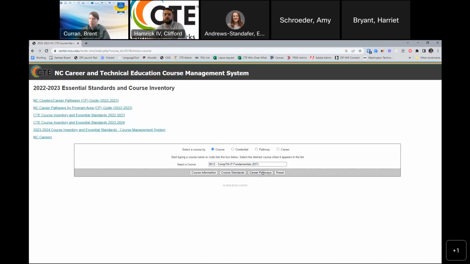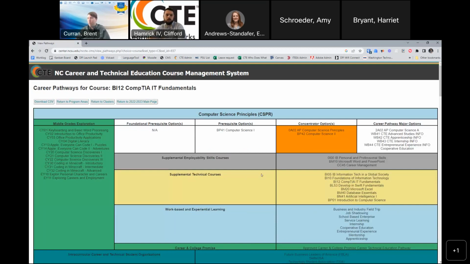And the last one here is career pathways, and this is the main focus of today's presentation, our CTE pathways. So we want students to be a completer in a pathway or a concentrator. And the reason why is, at the end of the day, the data shows students who complete or concentrate in one of our pathways are more than likely going to graduate on time with their cohort.